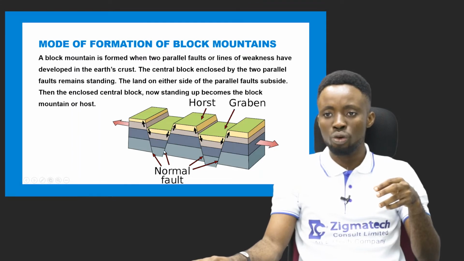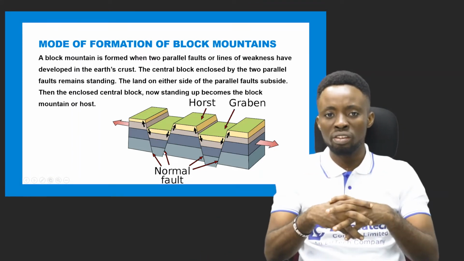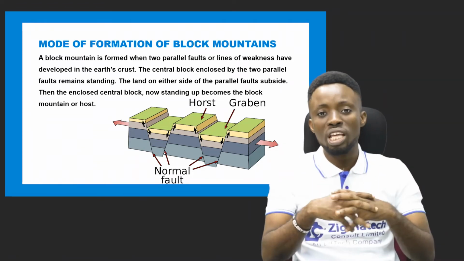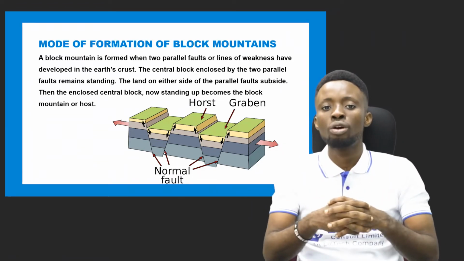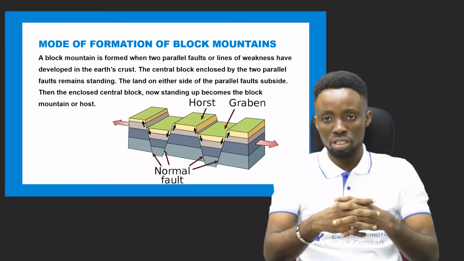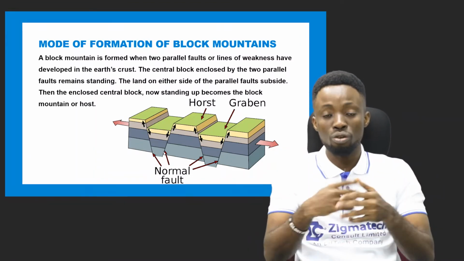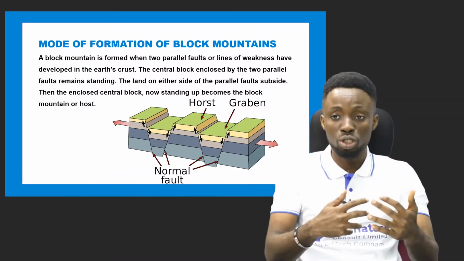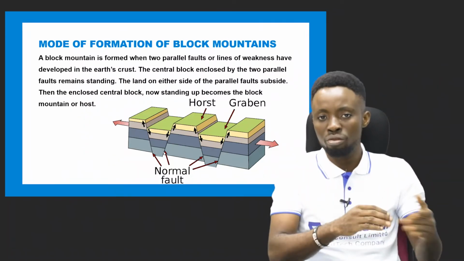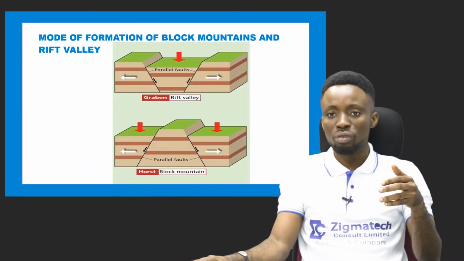This is a fault. So basically what we can pick is that block mountains are caused by what we call faulting of rocks. So faulting brings about the formation of block mountains and rift valleys.